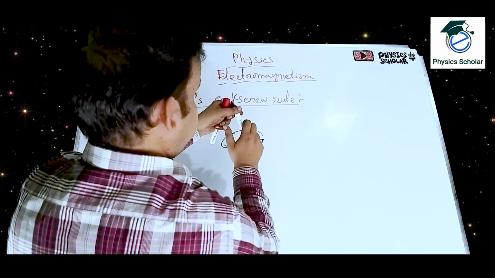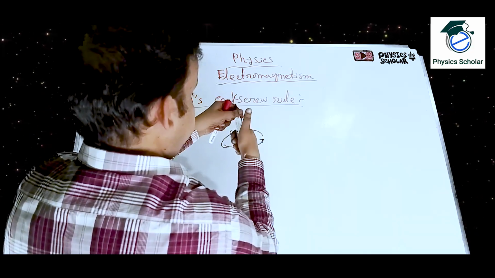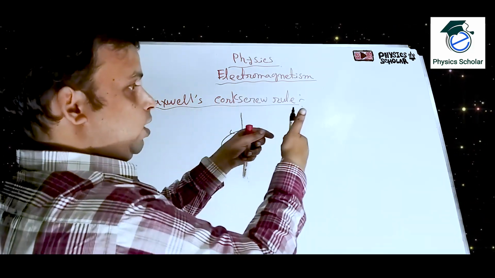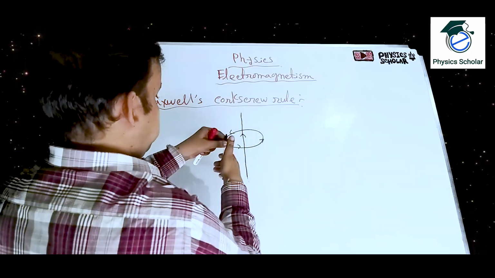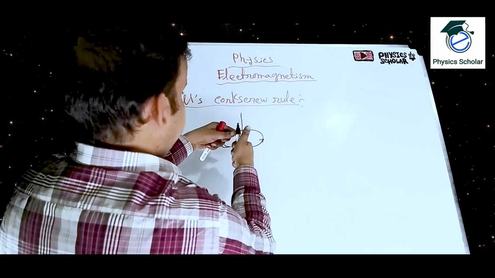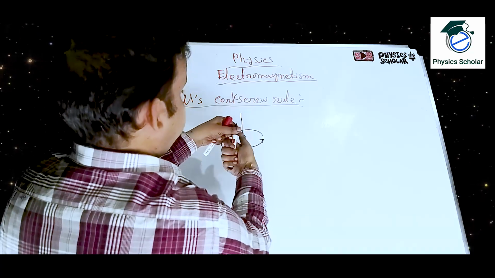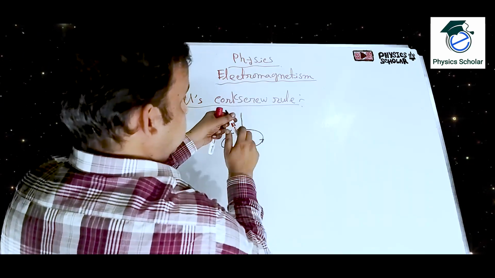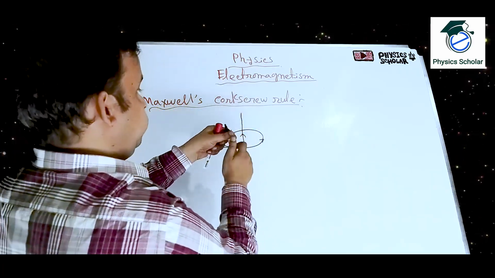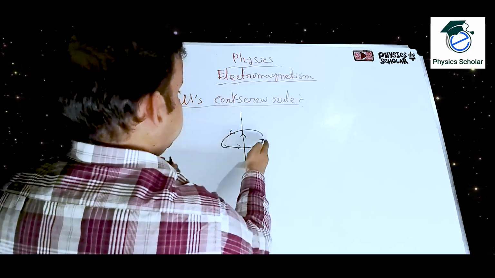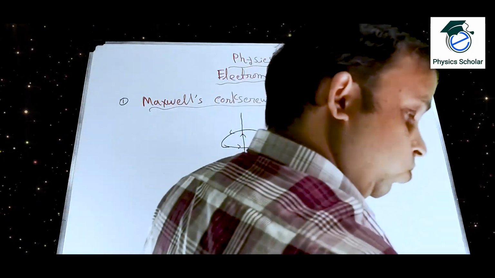So this will be the movement of our thumb. So if we hold the conductor, clear? If we hold the conductor with the 4 fingers, or the screw, and if it is a right turn screw, then what will happen? The movement of our thumb will indicate the direction of the magnetic line of force.